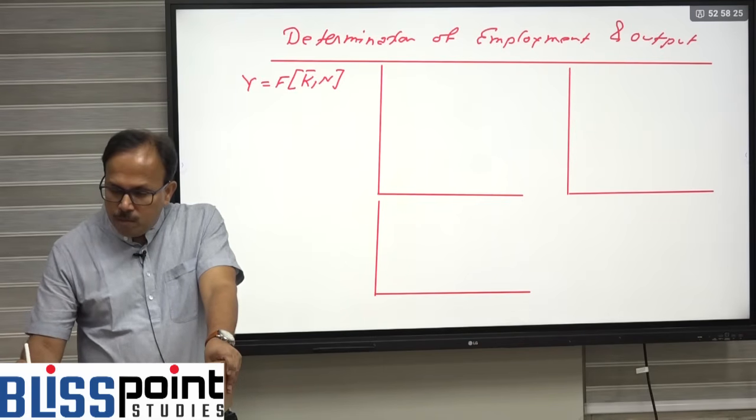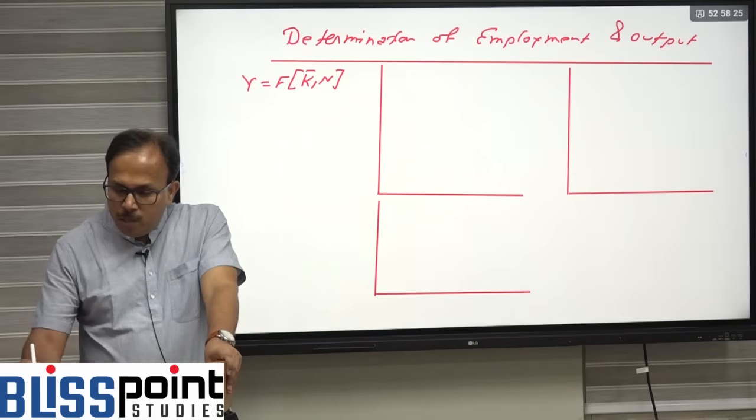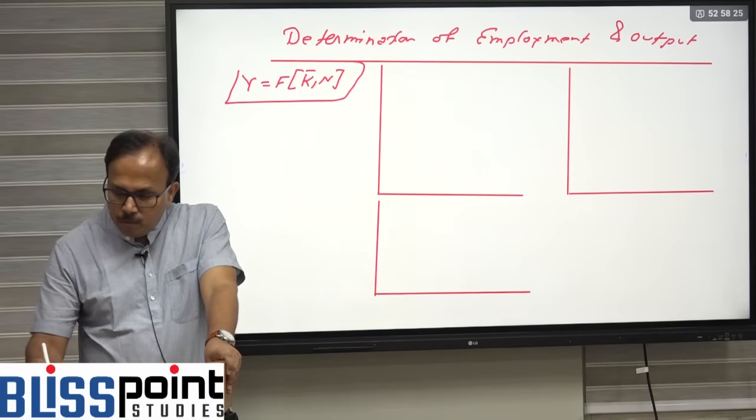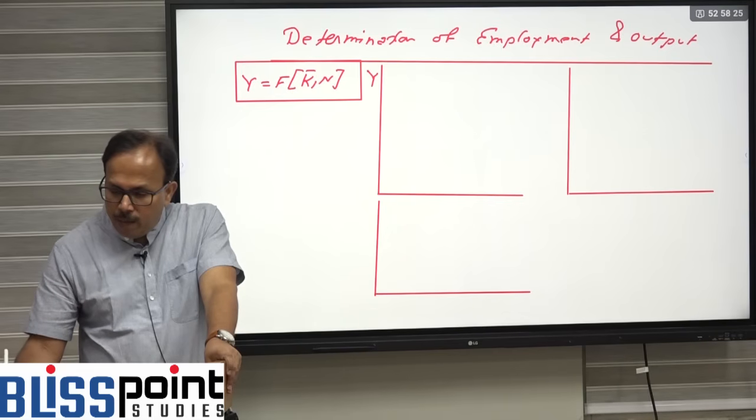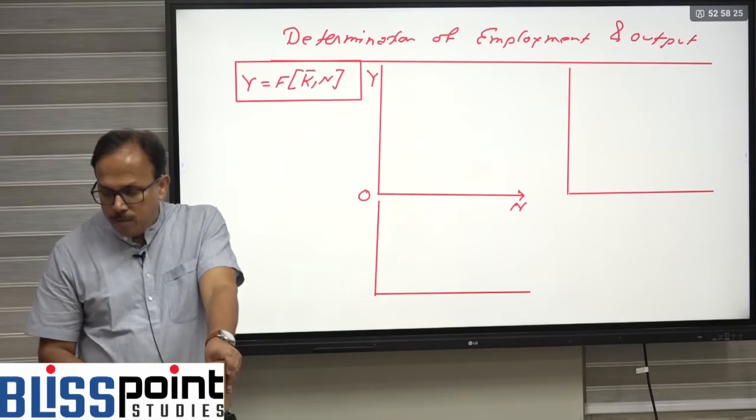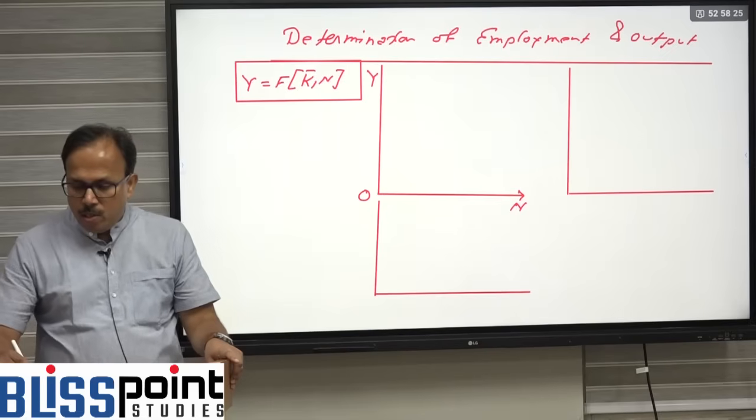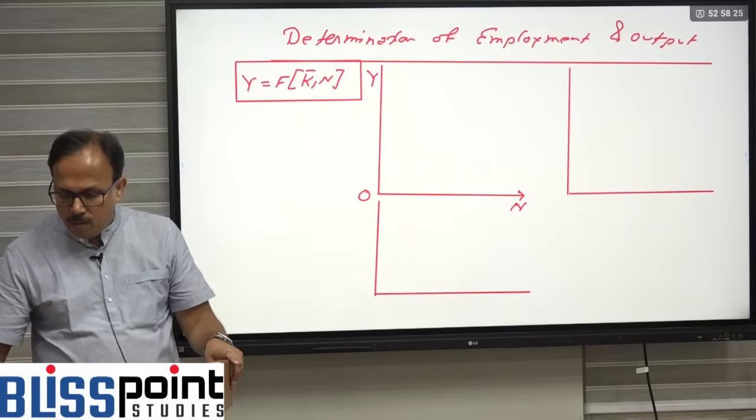Mark the axis first. The first diagram is for the production function. So what will I write on the axis? Y, N, and keeping K constant. So first draw the production function line. Free hand draw it, just decreasing the slope.